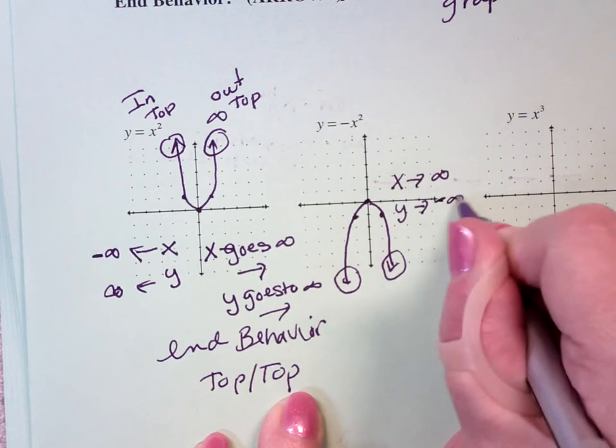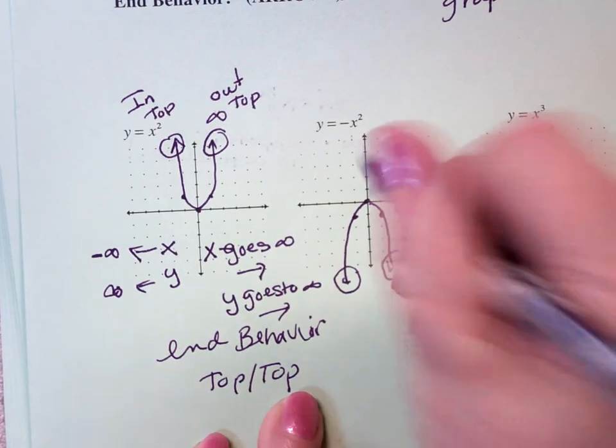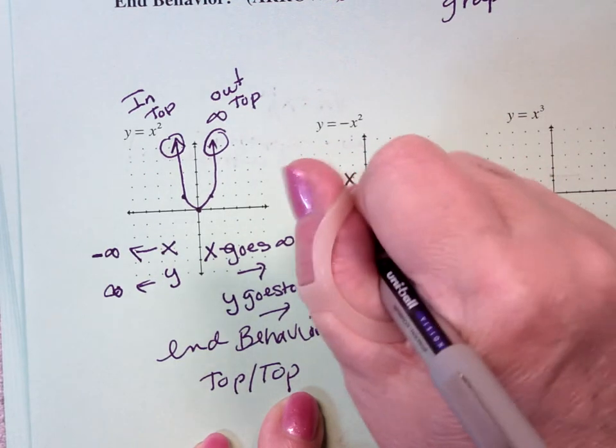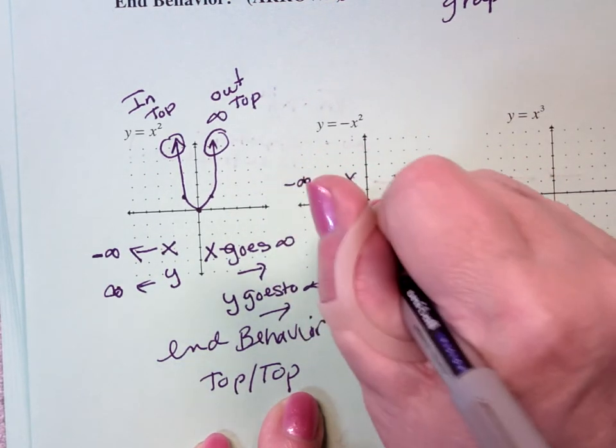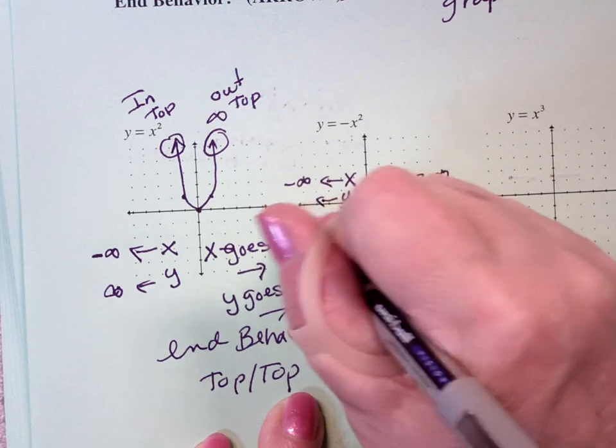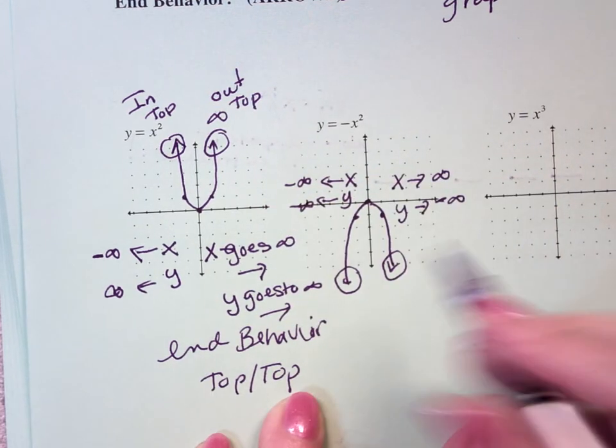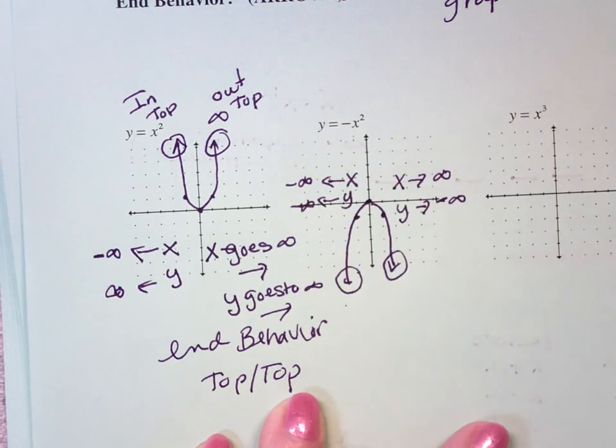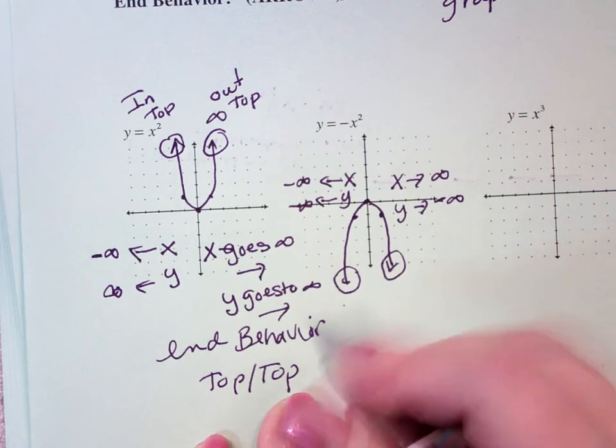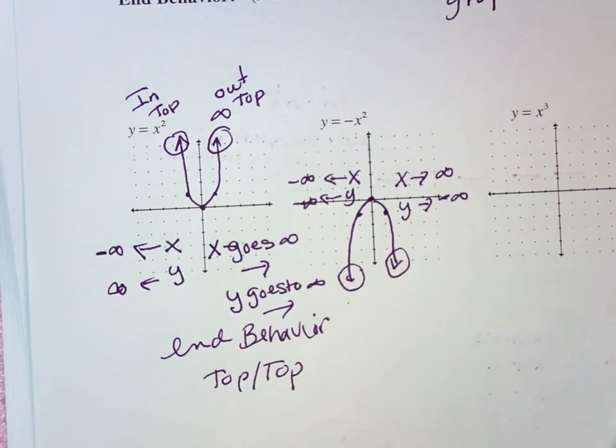Negative infinity. And as x goes to negative infinity, where does y go? Negative infinity. Again, we're going this direction.